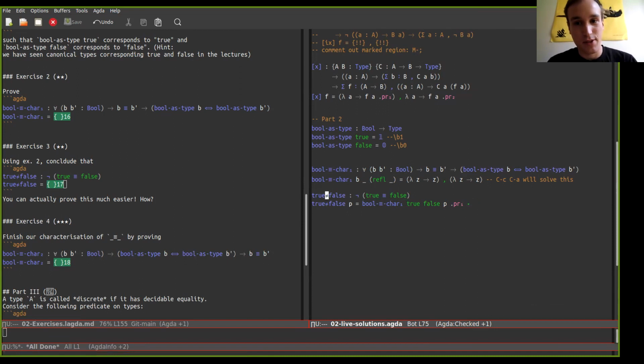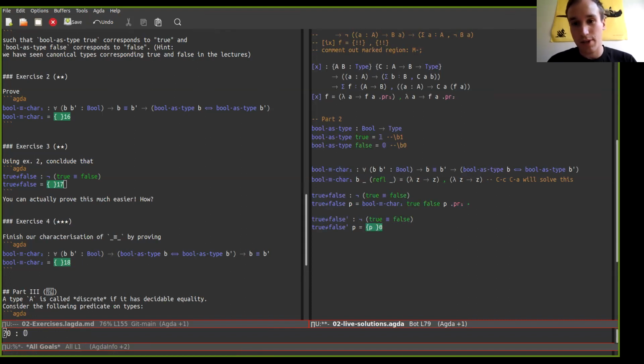But as someone said in the chat, actually, Agda is very smart sometimes. Let's figure out what to do here.